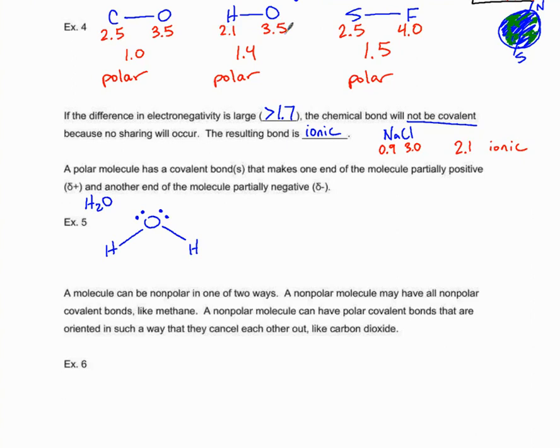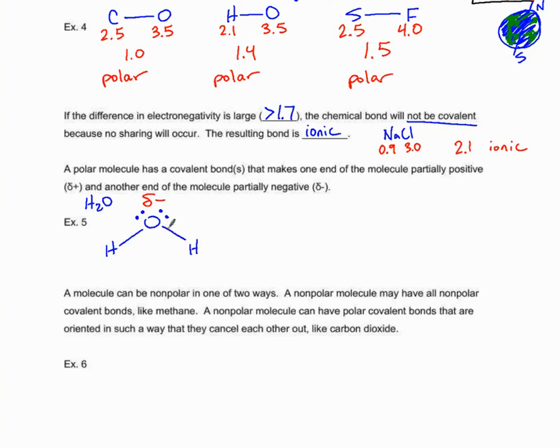Oxygen is very electronegative. So there's going to be polar bonds here. This one is polar, and this one is polar. So the end up here by the oxygen ends up with that partial negative because it has these 4 electrons, and the electrons in each of these bonds tend to spend more time closer to the oxygen.